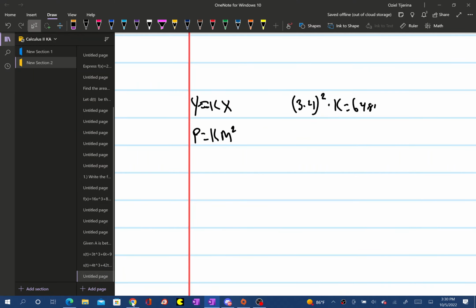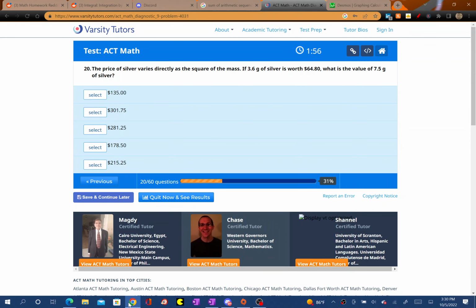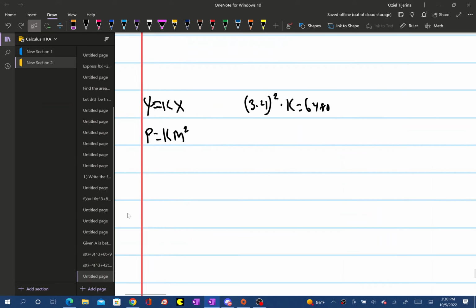So 6480. What will be the value of 7.5 grams? So if we literally divide 6480 by 3.4 squared, that gives us that k is about 5.6.